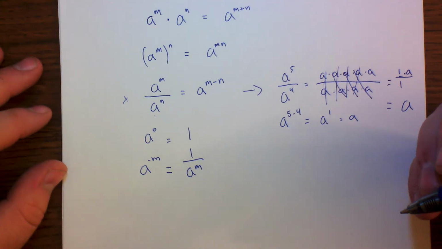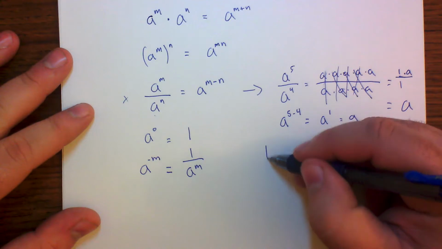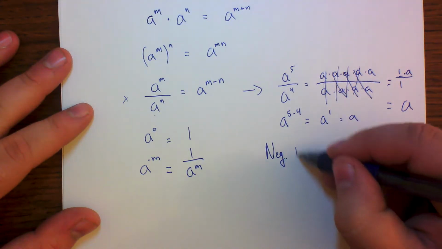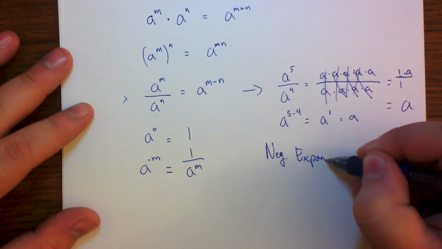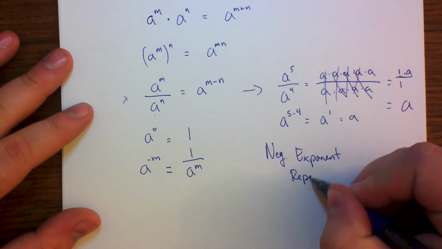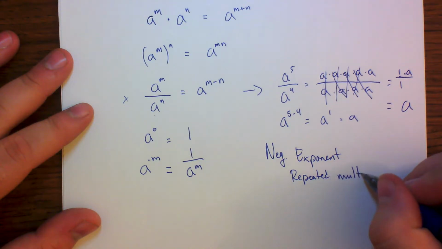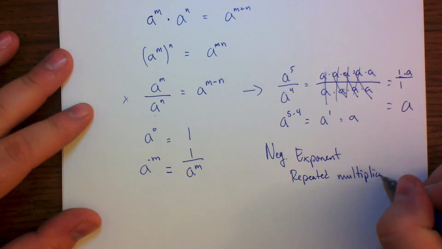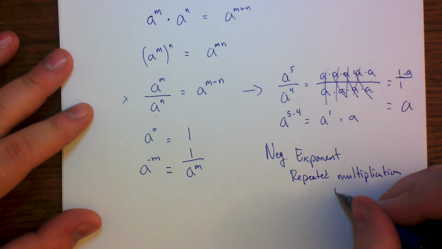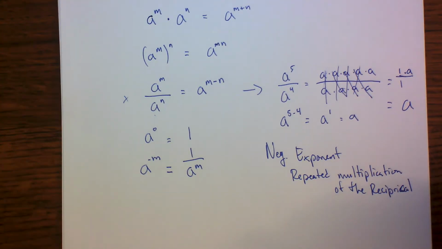When you have a negative exponent, it talks about repeated multiplication of the reciprocal. What is that?